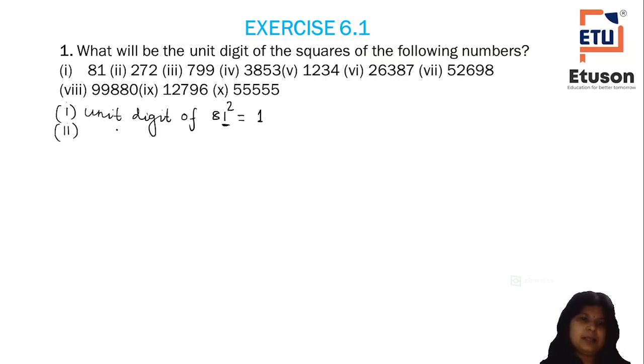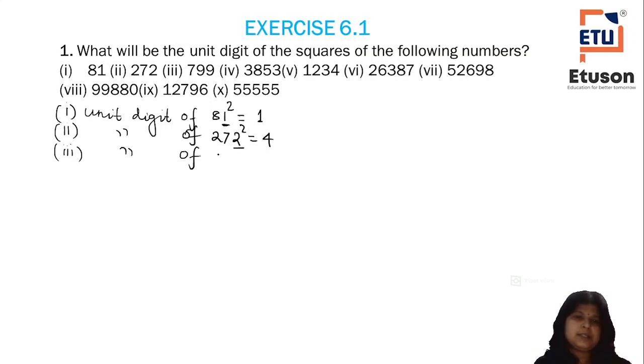Similarly, second, unit digit of 272 square. So unit digit is 2 here. So you will get 4 at its units place if you want to find out the square of it. Unit digit of 799 square. So here unit digit is again 9. So you will get 1.